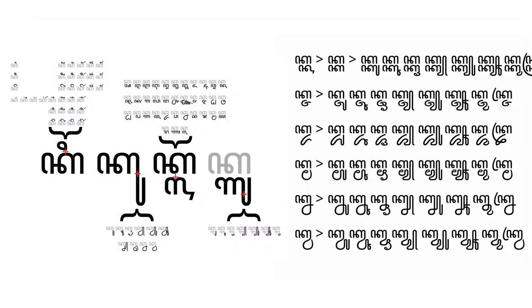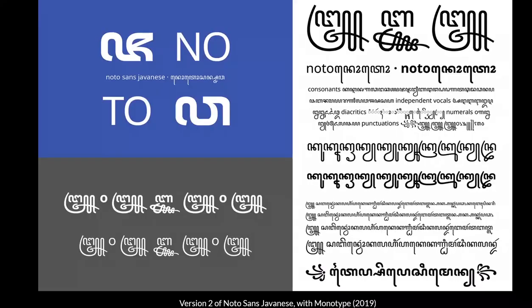And after that, the behavior of the font and all of its conjuncts and combinations, which were previously not found in the original Noto Sans Javanese, was laid out and refined until we have the second version of Noto Sans Javanese, released in 2019.